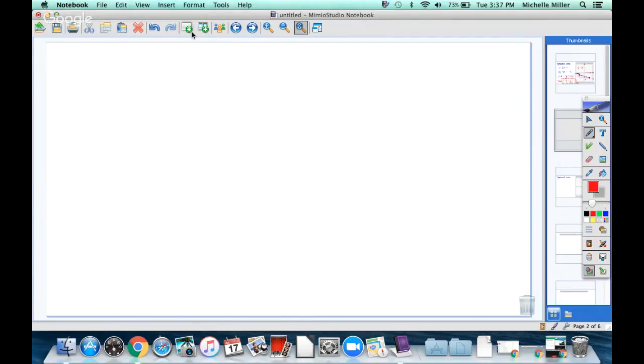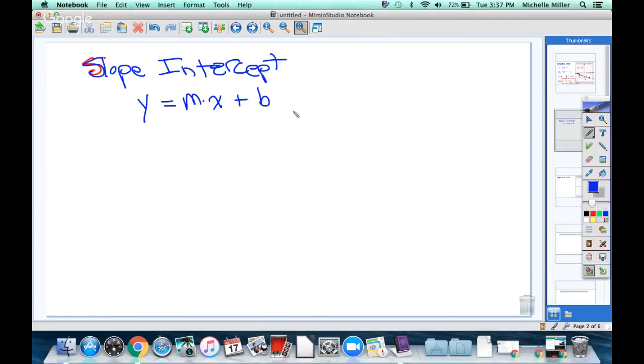The first equation I wrote there is what's called slope-intercept form. And that's y equals some number times x plus some other number. And these numbers, m and b, are parameters for this equation, so that we're going to fill those in with something.